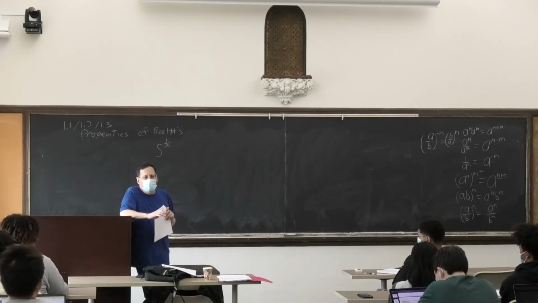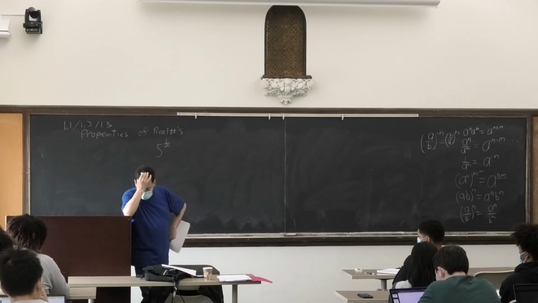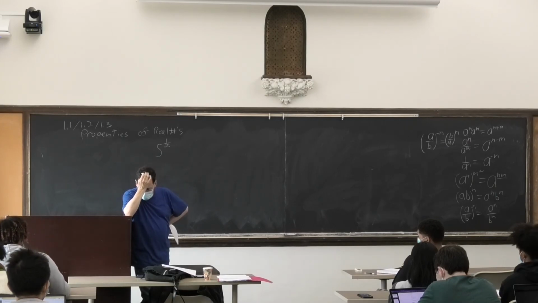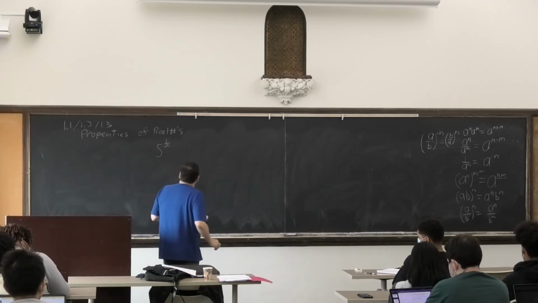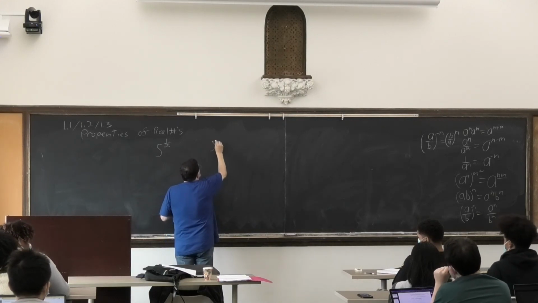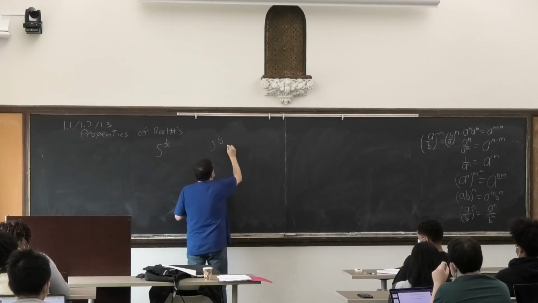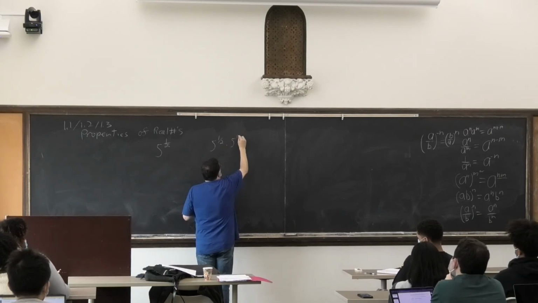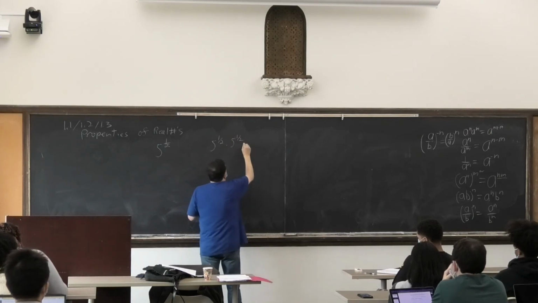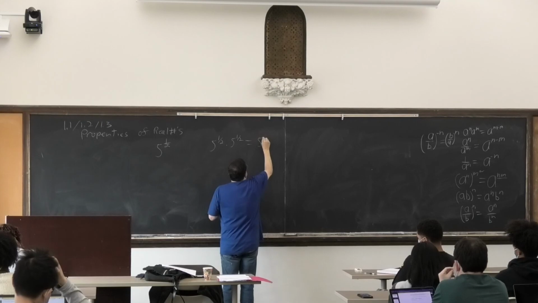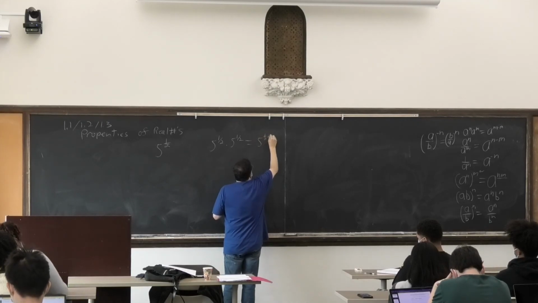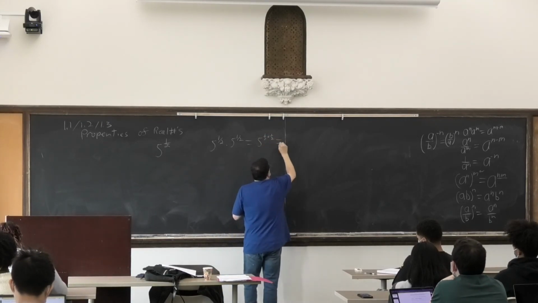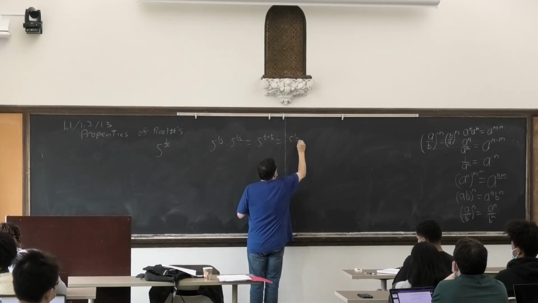If you don't know what it means, you might think, how can I figure out what that means? Well, you know 5 to the 1/2 times 5 to the 1/2, according to our rules, is 5 to the 1/2 plus 1/2, which is 5 to the 1, which is 5.